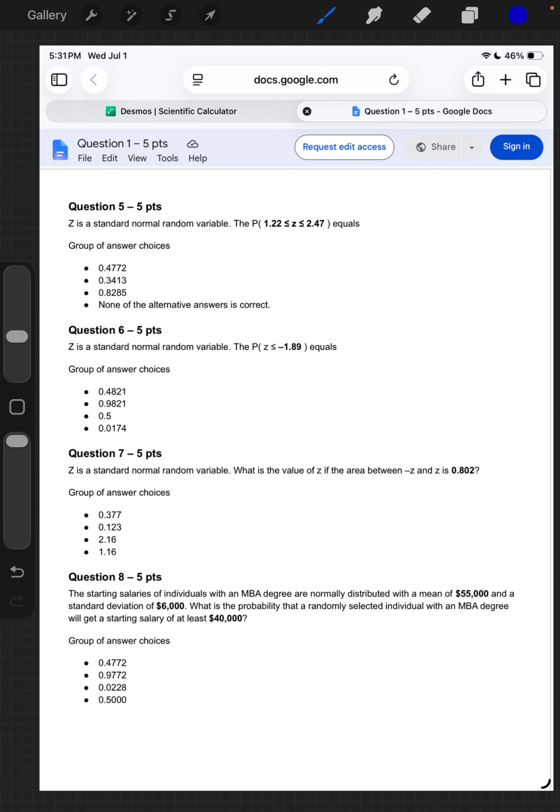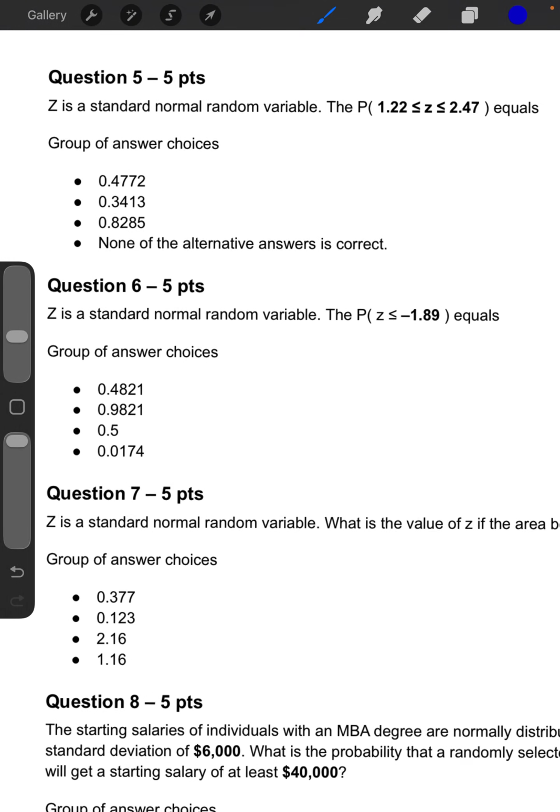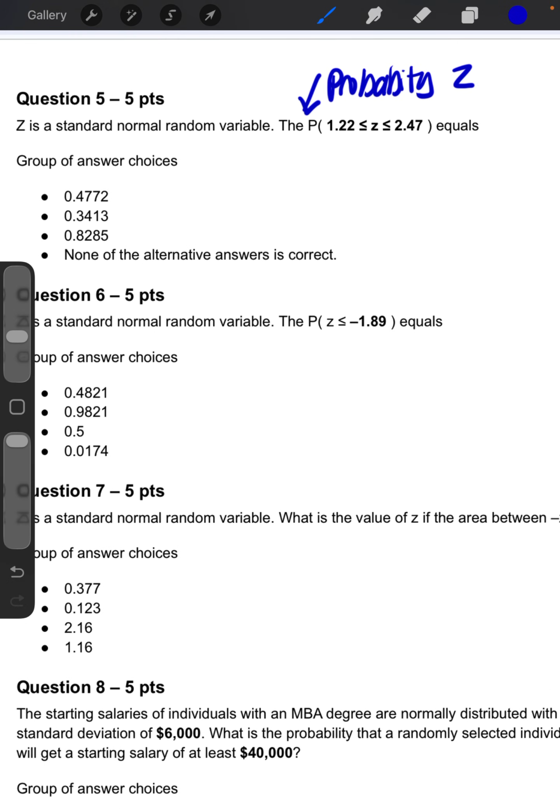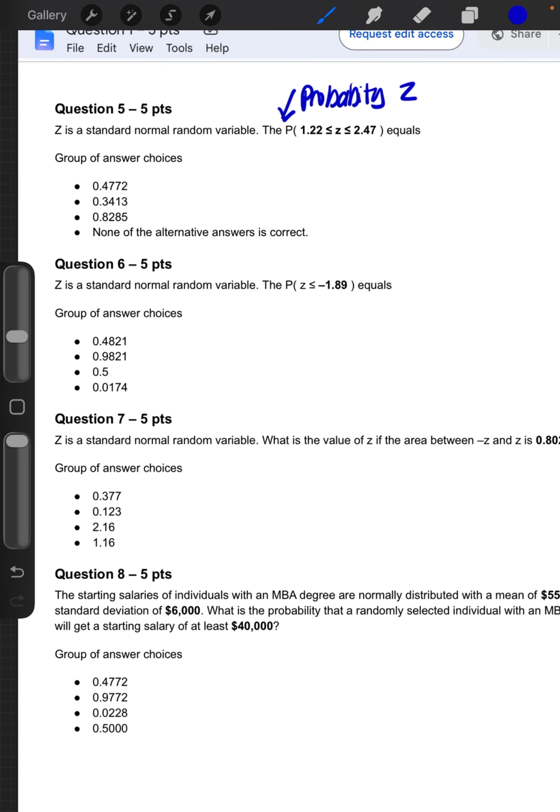Okay, I'm going to do the next one. So this means the probability that z is between 1.22 and 2.47.